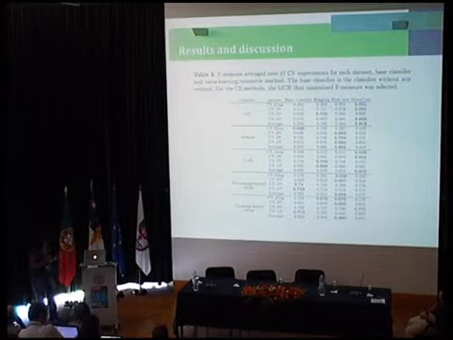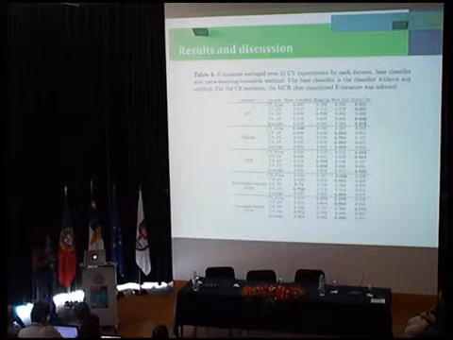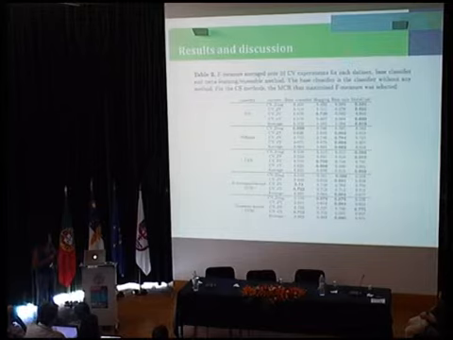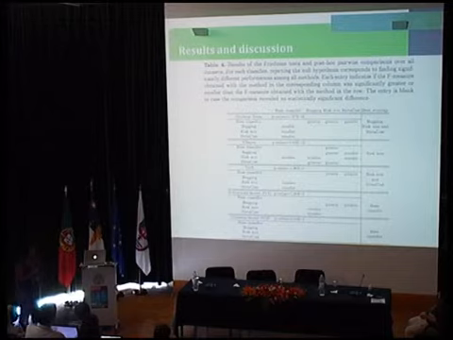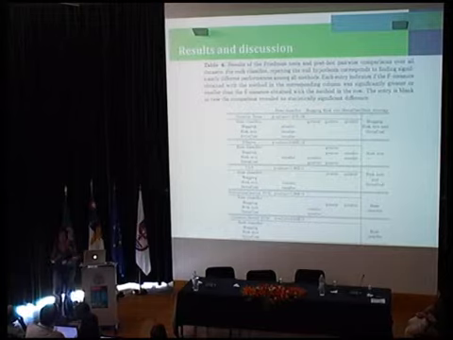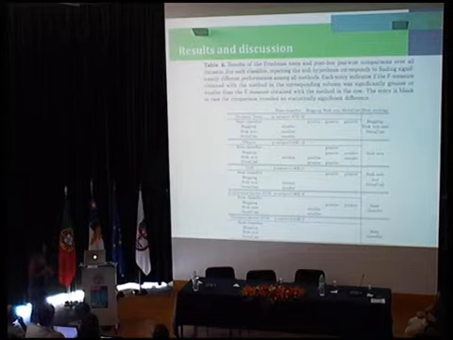And as I told you, the Bayes classifier is the basic method without any cost-sensitive algorithm. Then we also performed Friedman tests to see if the differences in the performance we were observing were statistically significant. Just to check that.